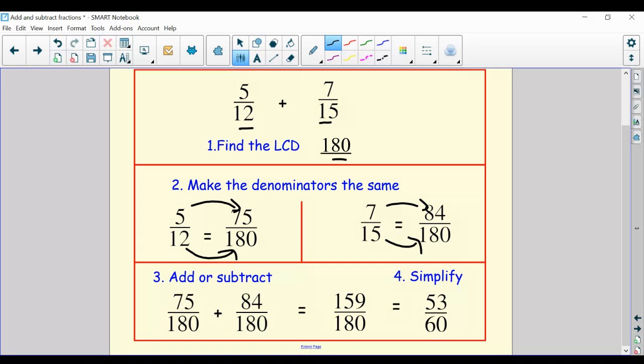Then you just add or subtract the numerators to get your first answer. And then if possible, you think about any common factors that the numerator and the denominator have, like you've done before, and then you proceed to simplify.